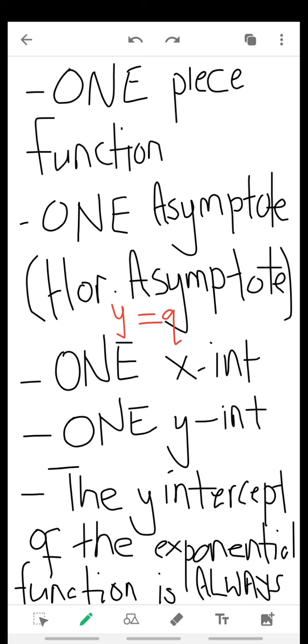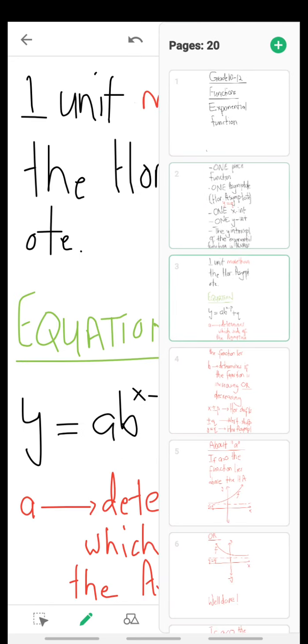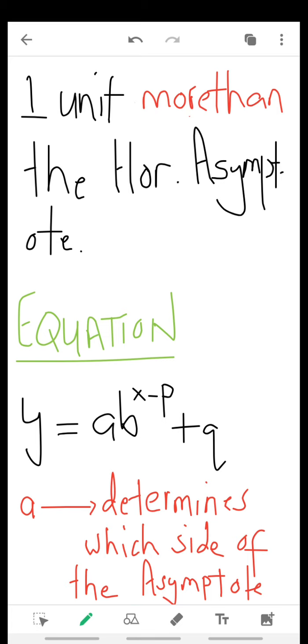Also, your exponential function will have only one x-intercept and one y-intercept. Okay. That's very, very important. Then also, the y-intercept of the exponential function will always, this is important, be 1 unit more than the value of the horizontal asymptote. So if your horizontal asymptote is 2, then the y-intercept of the exponential function will be 3.